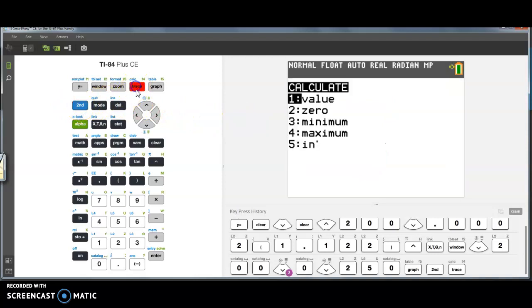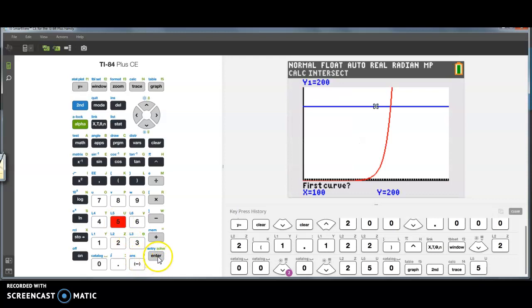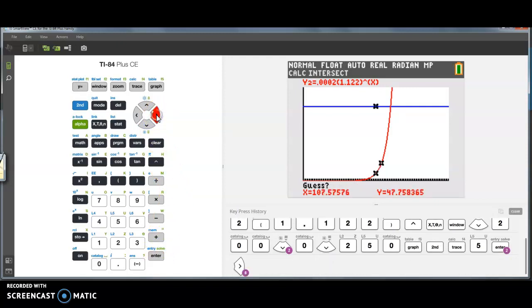So second, trace, option 5, shows me y1, yes, that's my first curve, shows me y2, yes, that's my second curve, asks me to guess where they meet. So I'm moving over to, went a little far, and I'll hit enter. And it finds that point of intersection.